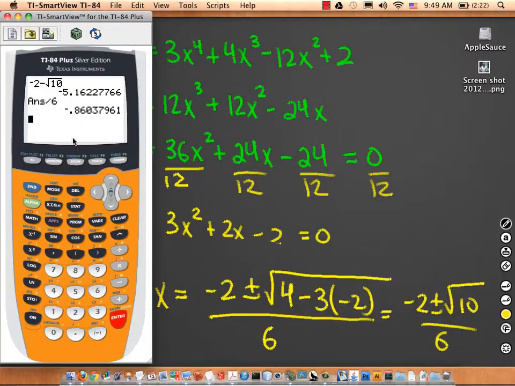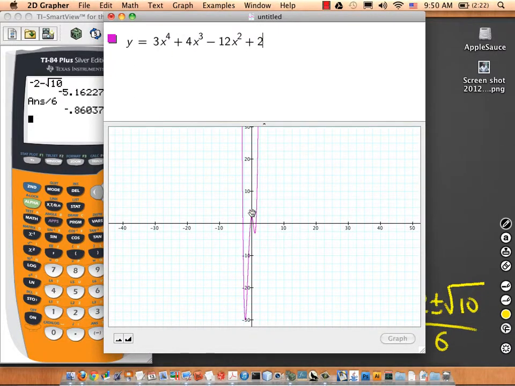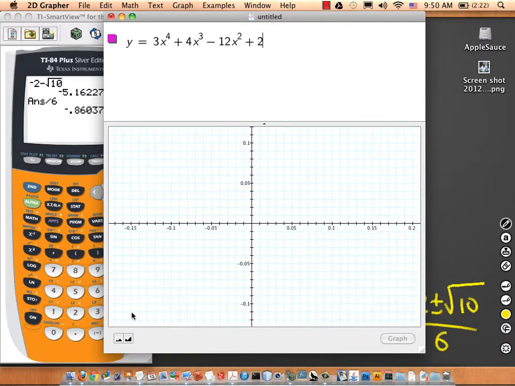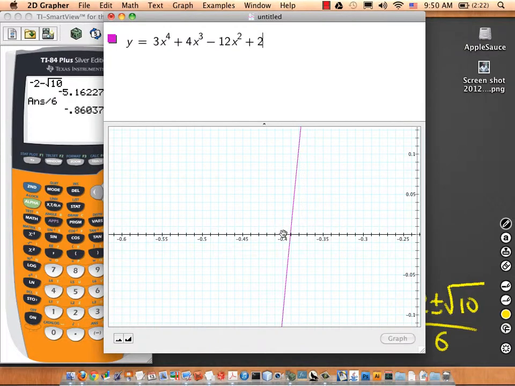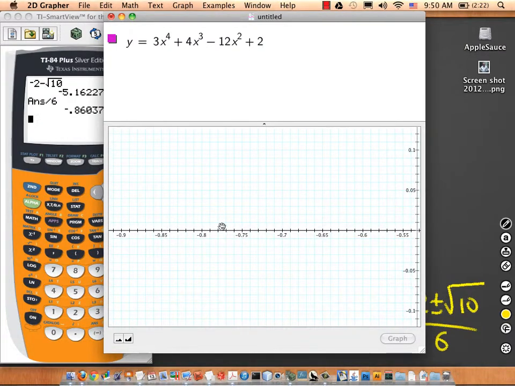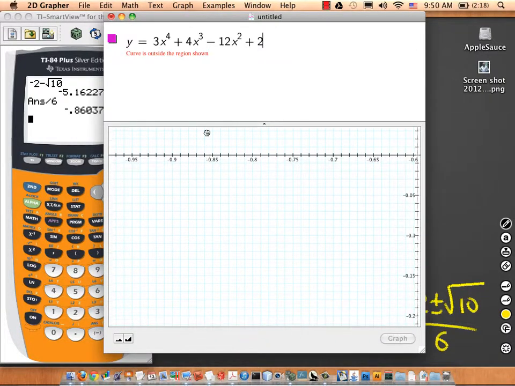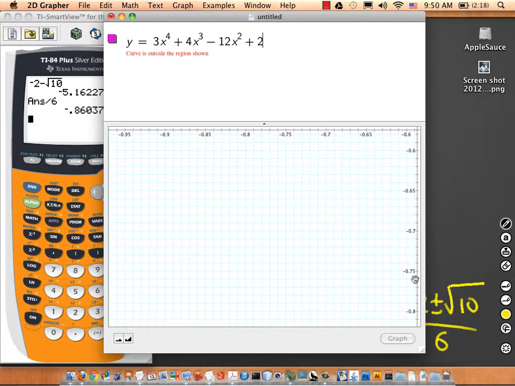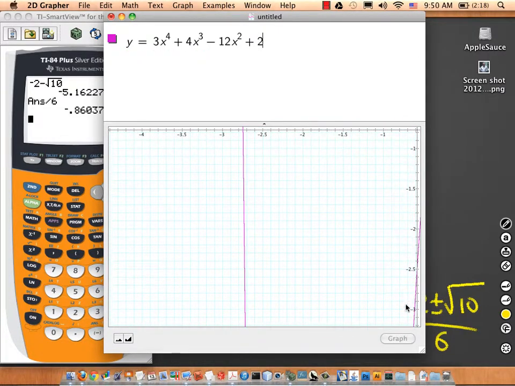And so if I go back to the graph, negative 0.86, I'm going to zoom in pretty good here. So here is negative 0.8. So 0.86 is around here. Let's bring this down. Keep going down. May have to zoom out a little bit. There we go.